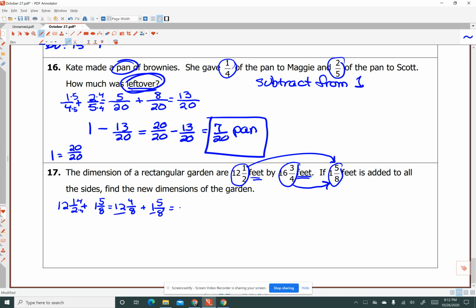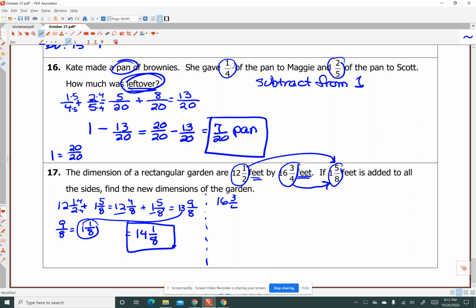So 12 plus 1 is 13. We're working in eighths. 5 plus 4 is 9, and 9/8 can be converted to 1 1/8, which we will add the 1 to the 13, so that will be 14 1/8. That's only one of the problems. Now we'll do the second problem.